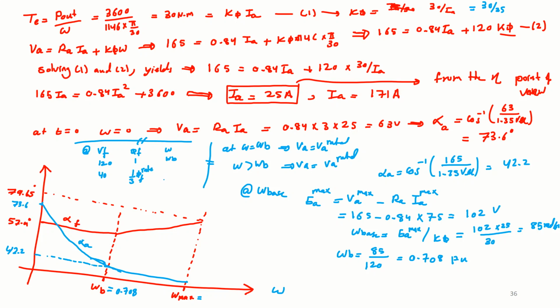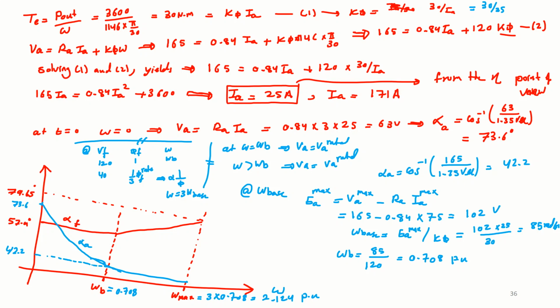And you know that the speed is inversely proportional to the flux. So simply this means that when the field voltage is 40 volt, then omega will equal 3 omega base. So in this case we have 3 multiplied by 0.708, which will equal 2.124 per unit.